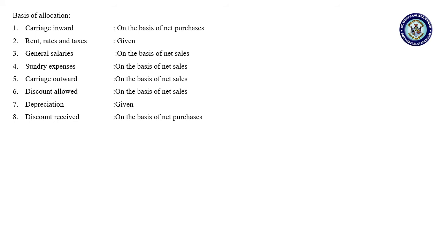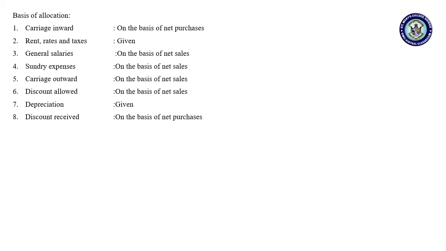Next, discount allowed. Discount allowed means we are allowing a discount. It is an expense because we are allowing the discount. To whom? We are allowing the discount to debtors. Who is a debtor? The debtor is the person to whom we made a credit sale, the person who purchased goods from us on credit.